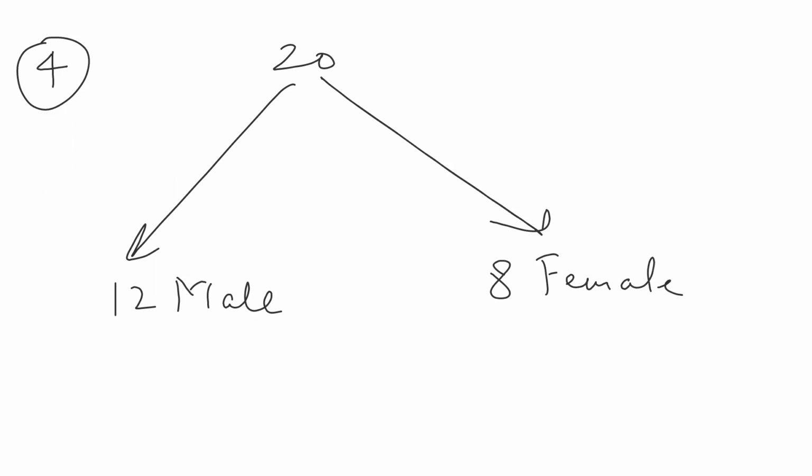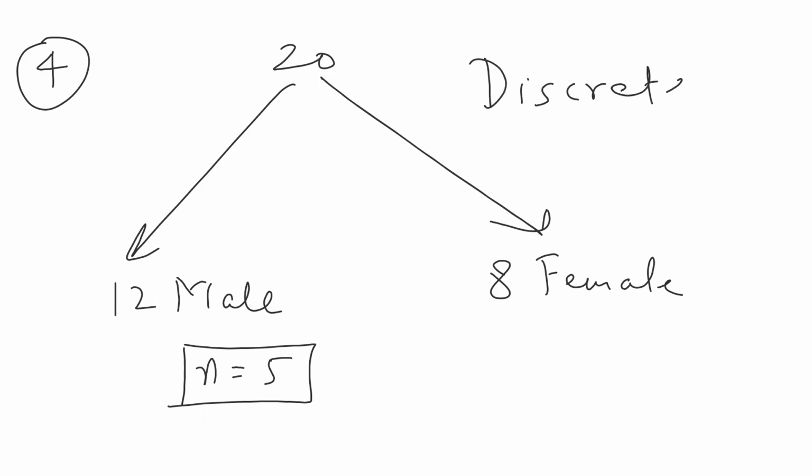Okay, a scientist randomly selects 5 rats. So 5 rats are selected. Okay, so n is equal to 5, and he's trying to count the number of female rats. So counting is applicable over here. So it's a discrete random variable. But then when it is discrete random variable, we also have to mention the range.